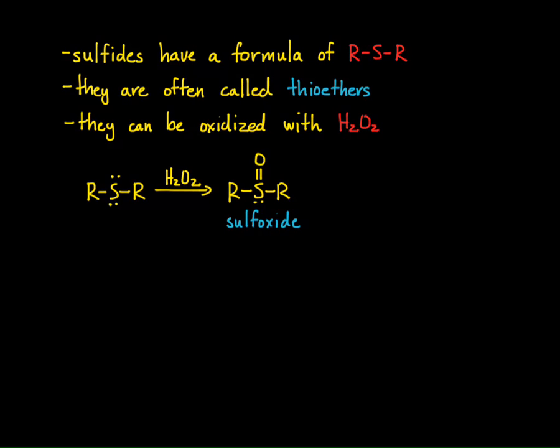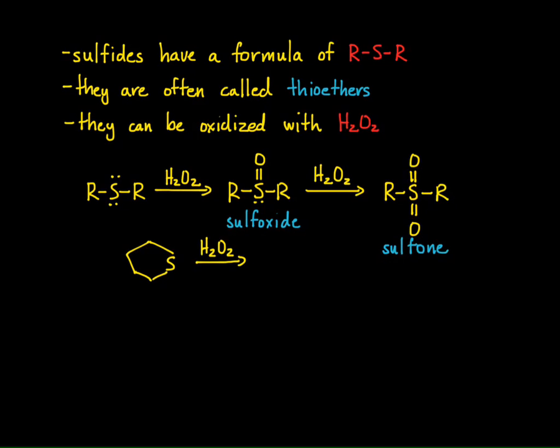Now, if I treat sulfoxides with another equivalent of hydrogen peroxide, I can oxidize the sulfur even further, and I get sulfones. Sulfones, right? So with one equivalent of hydrogen peroxide, I get sulfoxides, and with two equivalents of hydrogen peroxide, I can get sulfones.